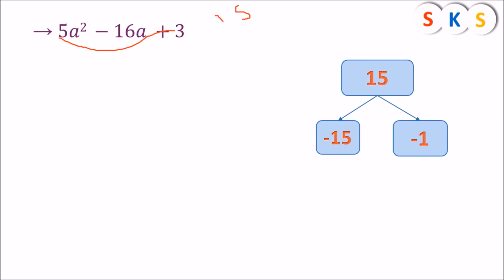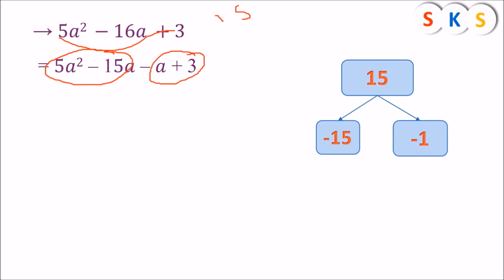So I'm going to split the middle term as minus 15a minus a. Now we will take common from the first group of binomial. What is common in the first group? 5a is common, because 5a square means 5 into a, and 15a means 3 into 5 into a. And what is common in the second group? Nothing, which means 1 is common.